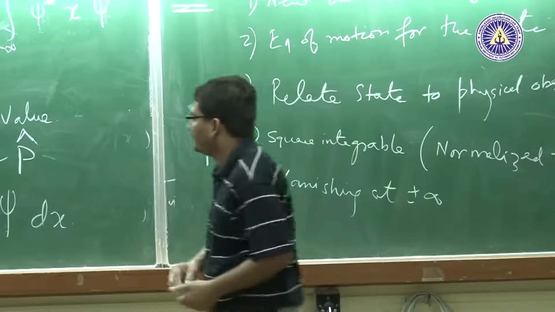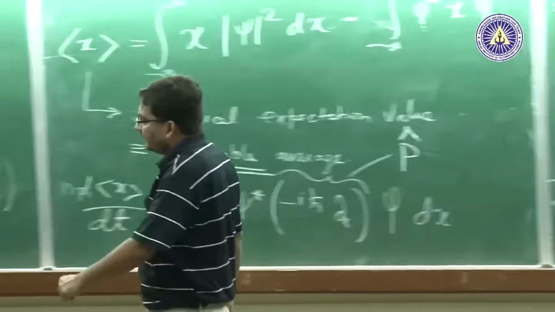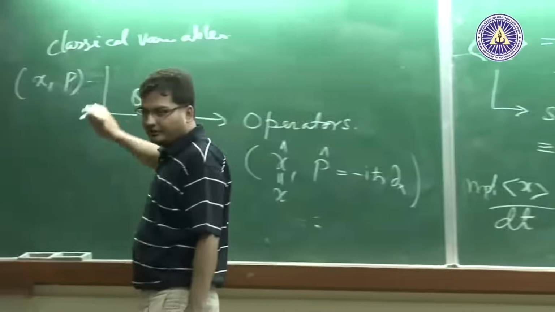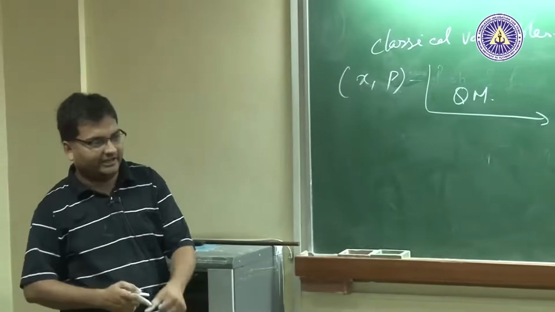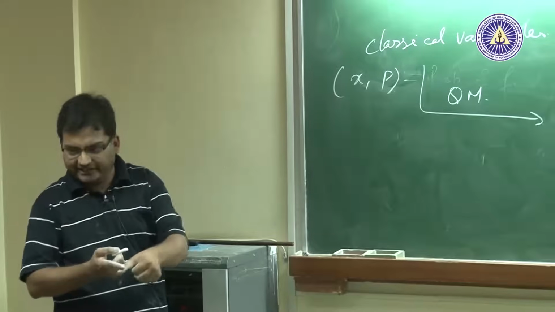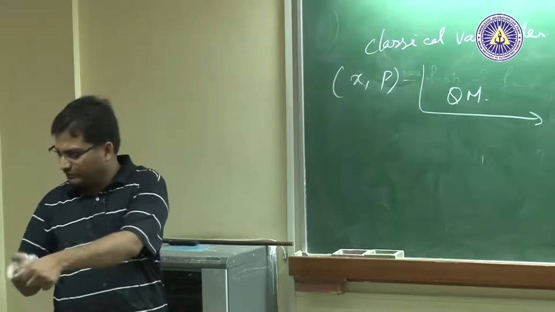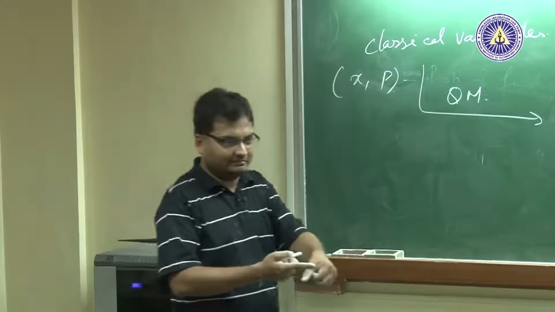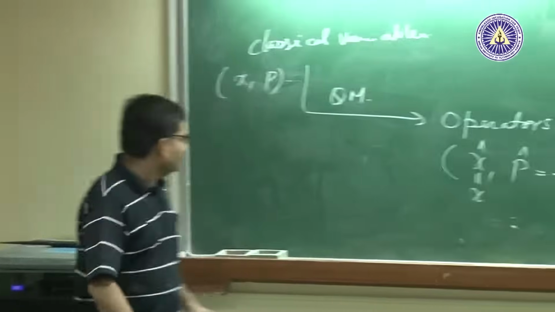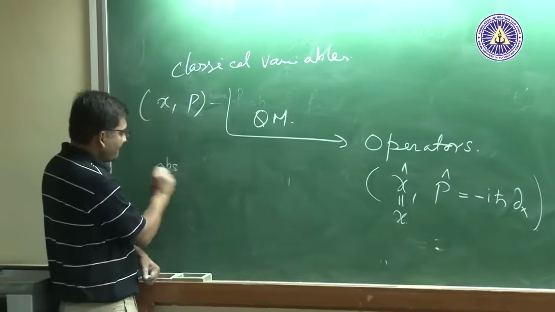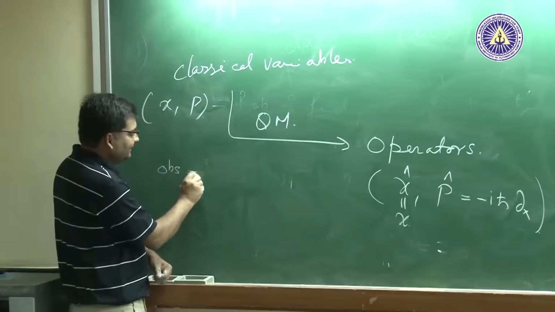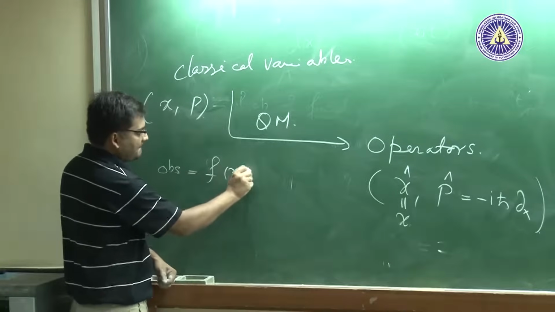Now, in classical mechanics, whatever I could measure, position, momentum, kinetic energy, angular momentum, linear momentum, anything, any observable or measurable quantity in classical mechanics is generally a function of x and p.